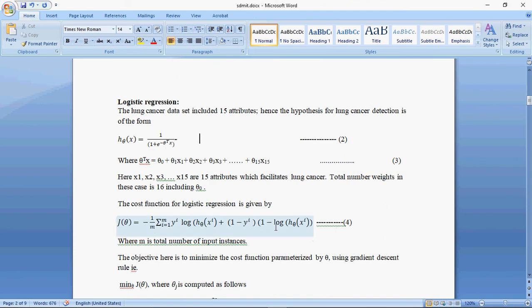In this case, you expect the cost function to be minimized. Okay, so initially if it's 0.9 for the first iteration for some weights, by modifying the weights, the cost function should be minimized.